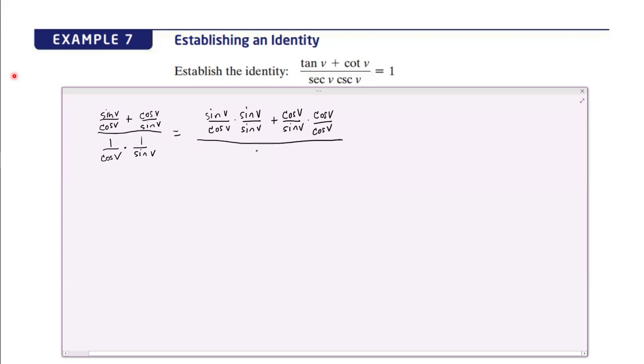Now down here, this just works out to 1 over cosine v times sine v. Okay, so when I take this on top, I end up with a sine squared v plus a cosine squared v over the common denominator we created of cosine v sine v. Down here, I've got 1 over cosine v sine v.